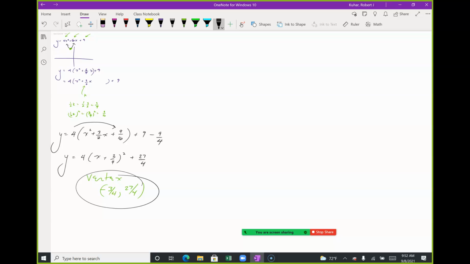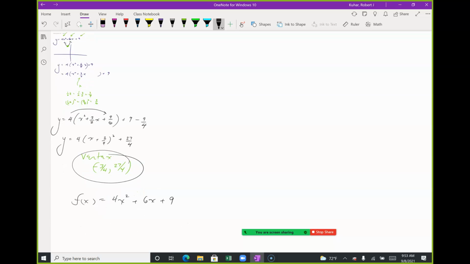So anyway, is this a function of x? Well, on the right-hand side, clearly the variables are all x. F of x is 4x squared plus 6x plus 9. But look at the domain. Are there any repeated heights? No. At any x value, are there repeated heights?